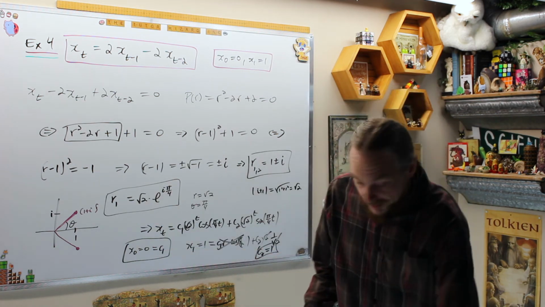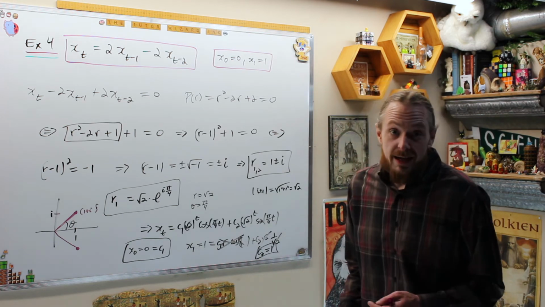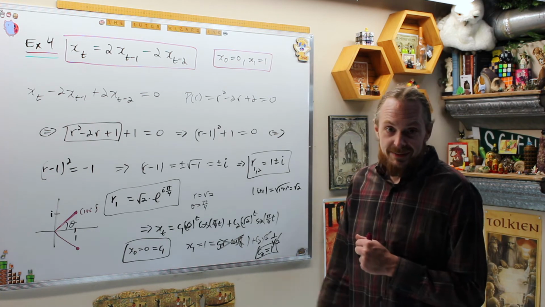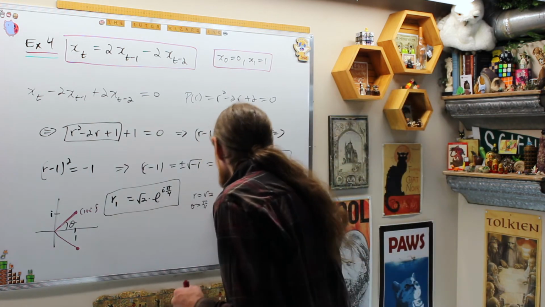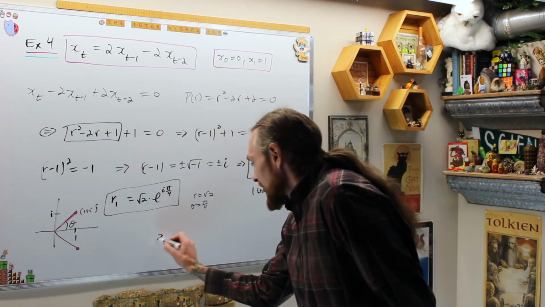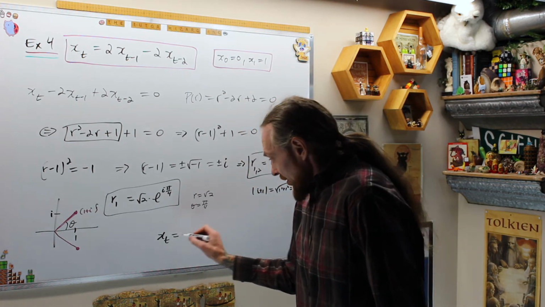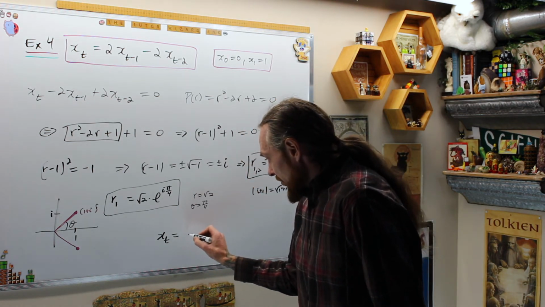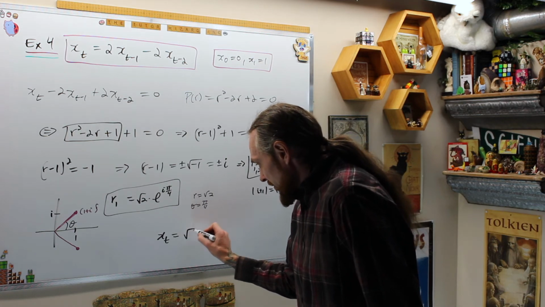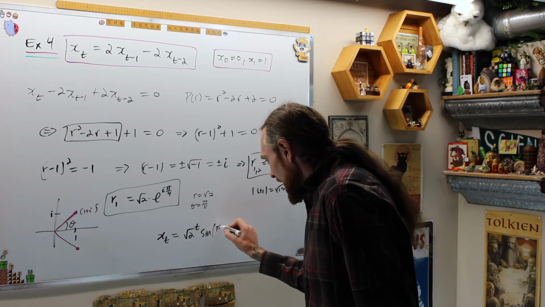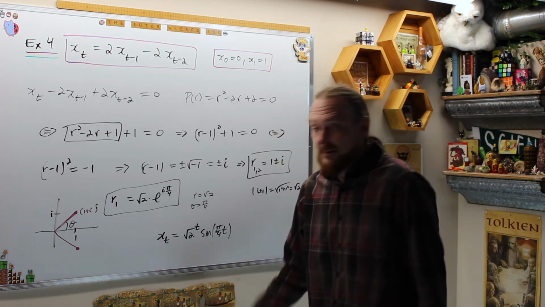That tells me that you probably don't want complex roots in the characteristic equation of a difference equation, and we're going to pray that I don't give you those. But what that tells me is the general solution is x_t equals, c1 was 0 and c2 was 1, so root 2 to the t sine of pi over 4 t for every t.